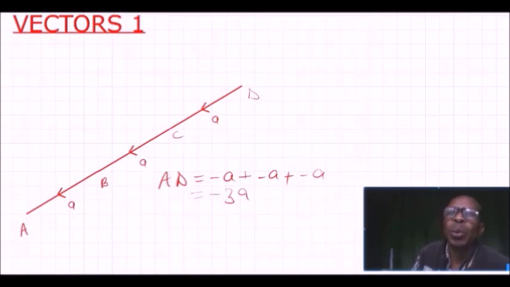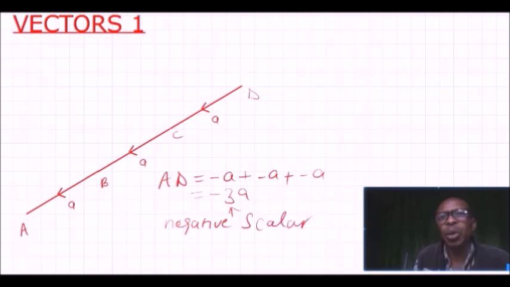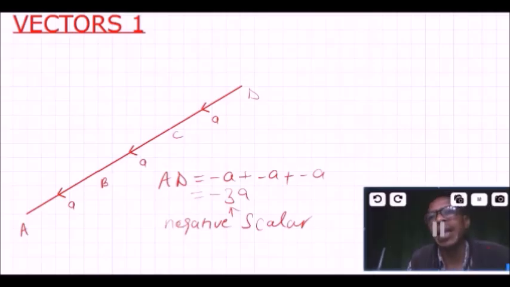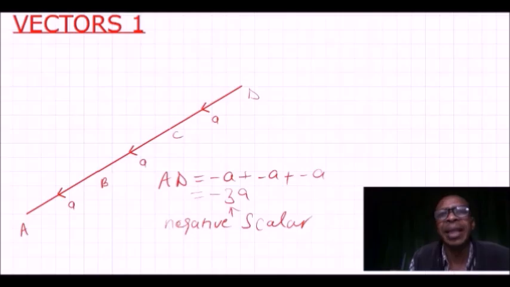So minus 3A is referred to as a negative scalar, not factor, negative scalar. So when the number multiplied by a vector is negative, then we refer to it as a negative scalar. I hope that is clear.